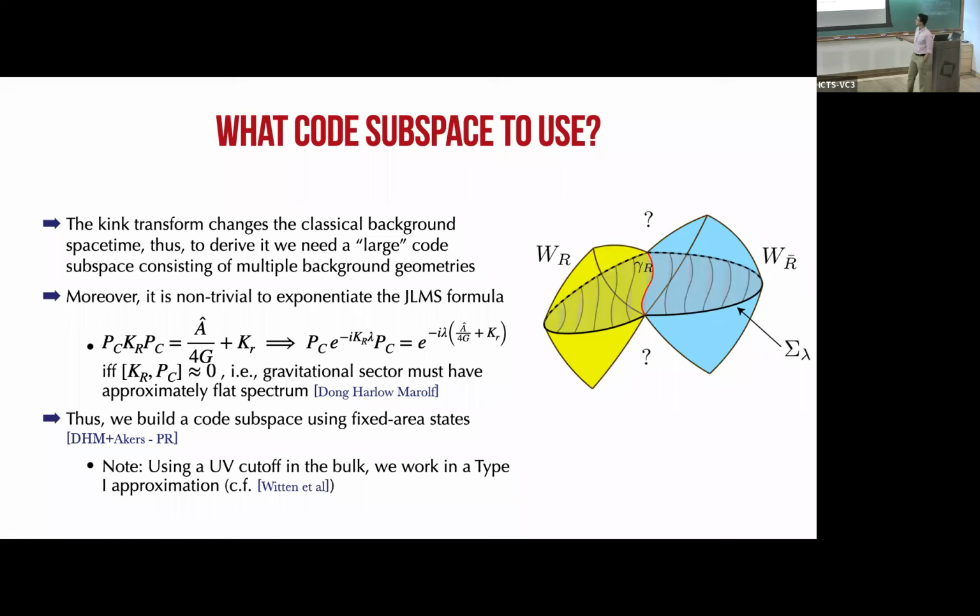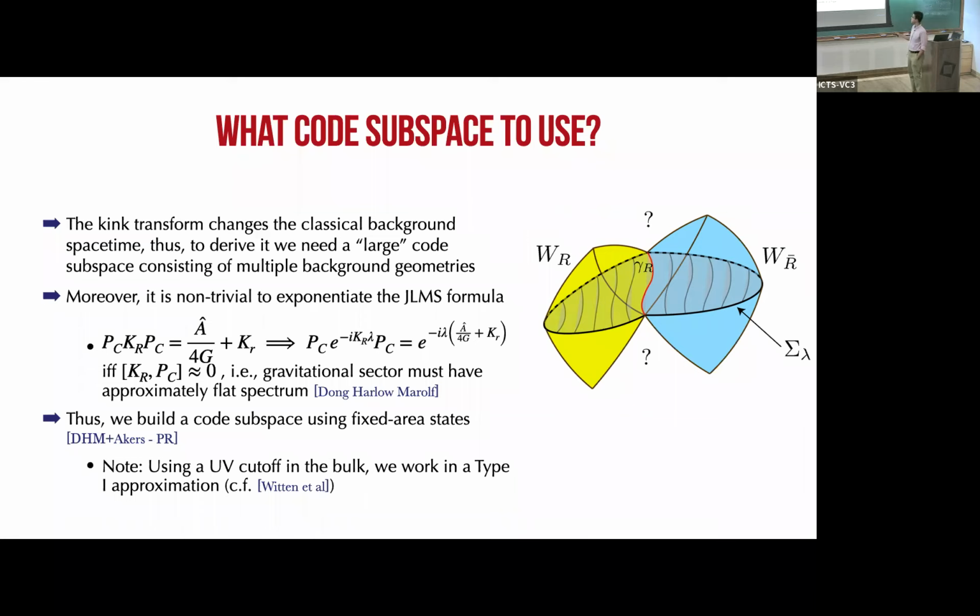So, what we have is this form, which says that the projected modular Hamiltonian equals A over 4G plus the bulk modular Hamiltonian. But this only implies this exponentiated version, where I exponentiate the modular Hamiltonian on both sides, if the projectors actually commute with the modular Hamiltonian, right?